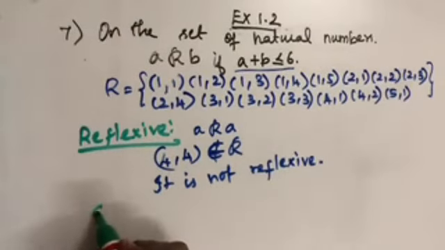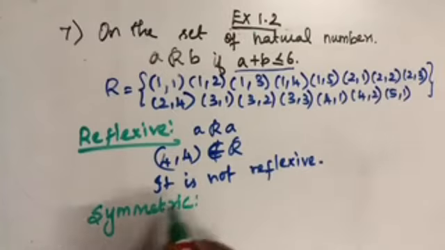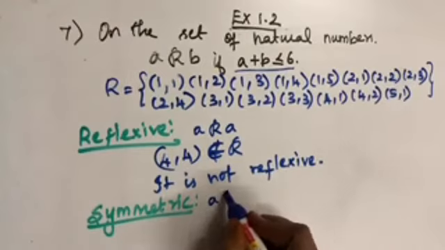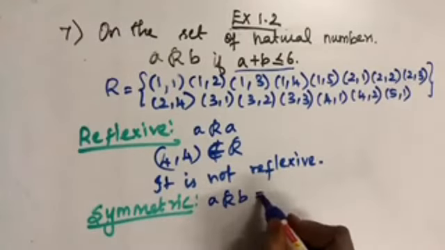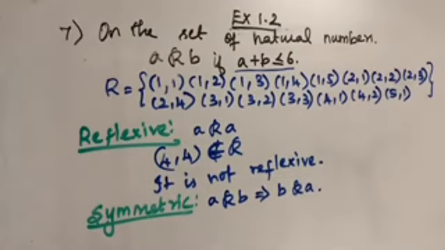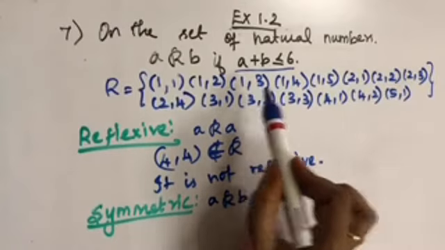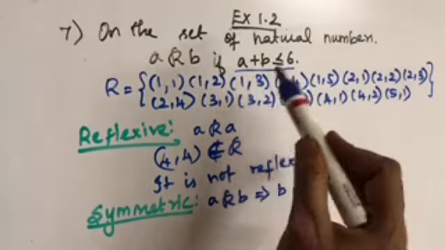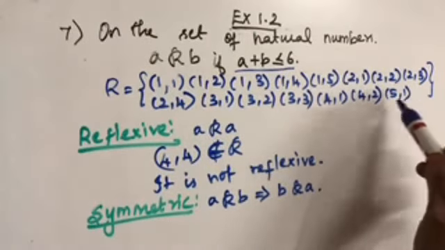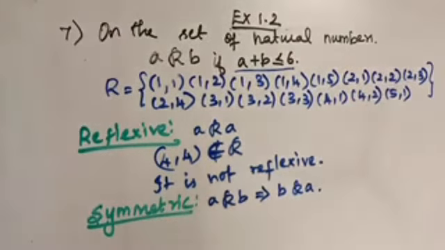Next, symmetric. Symmetric means if A is related to B, then it should imply B is also related to A. Okay, shall we find? Let's take 1 comma 3. 1 comma 3 is there, 3 comma 1 is also there. 1 comma 5 is there, 5 comma 1 is also there. 2 comma 3 is there, 3 comma 2 also there.